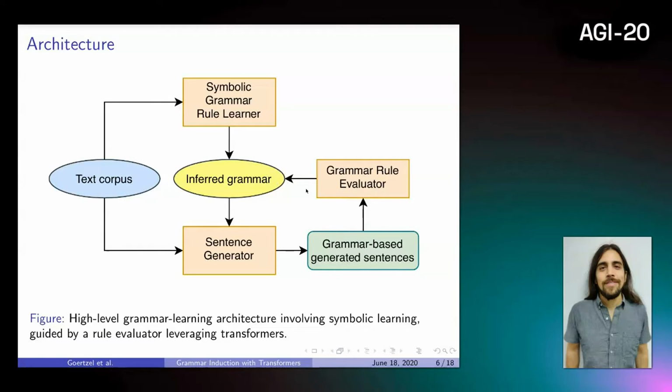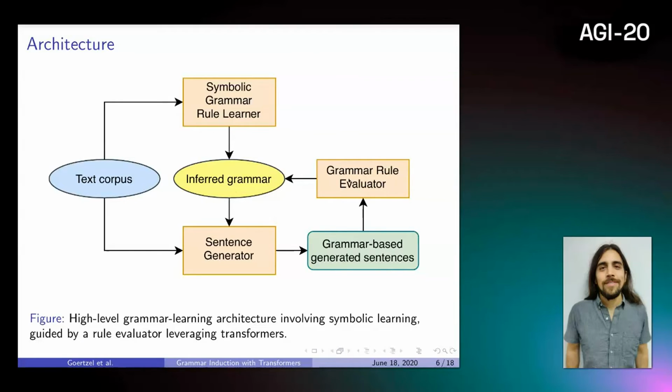So we iteratively clean the grammar, and we can also find ways of creating other new grammars and then testing them in similar ways. There could also be a loop with this grammar learner to change the rules or to add new rules, for example.